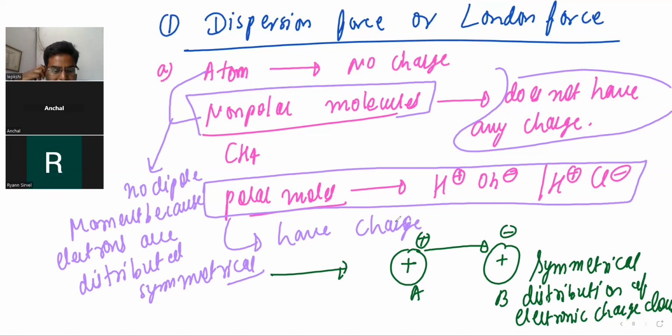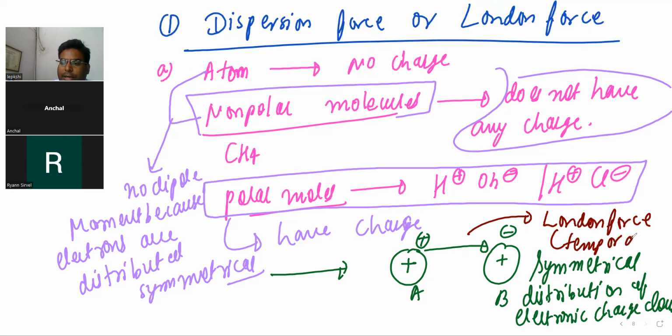So the force of attraction between two temporary dipoles is called London force. When it is developed temporarily, that is called London force. So this is a temporary dipole induced force. Right up to this point.